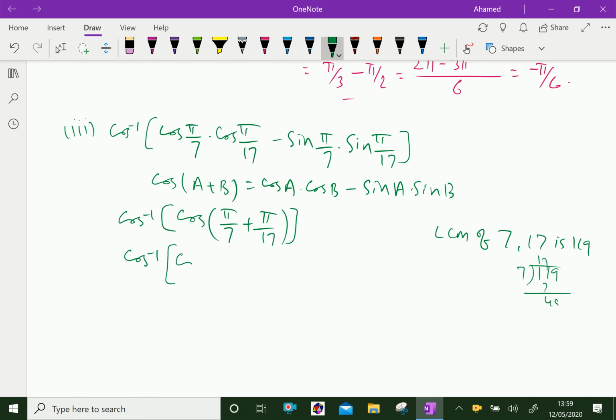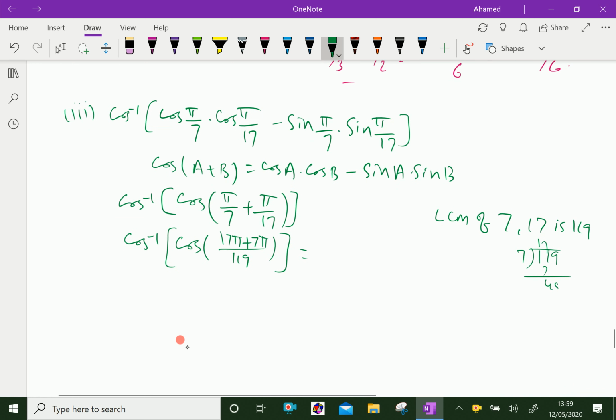Cos inverse of cos of (17 pi plus 7 pi) by 119 equal cos inverse of cos of 24 pi by 119.